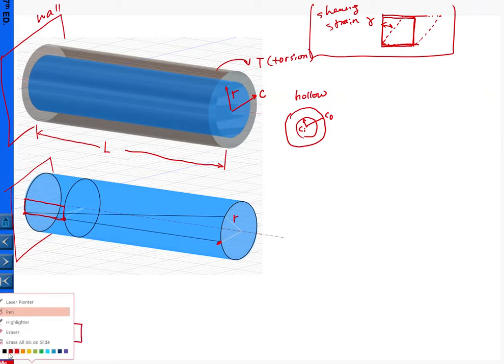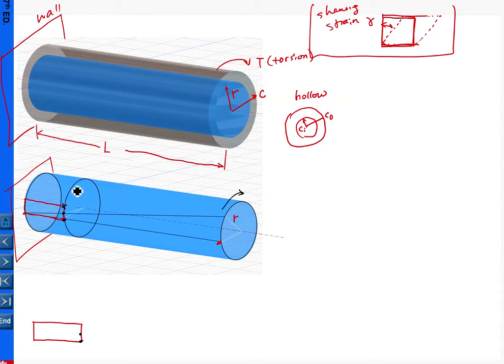When the torsion is applied, you can see this point moves to here, and this point follows the rigid body rotation along the parameters and moves to here. So on the same section, this point moves to here. Let me link them. That is the deformed shape.